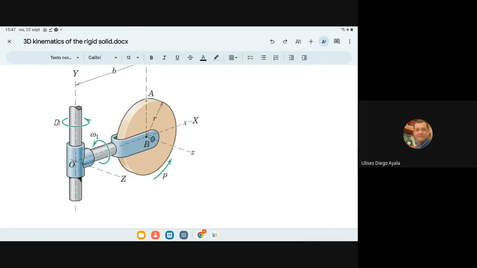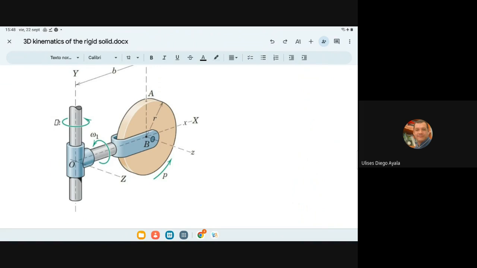So perhaps these two, this and this, yes, but this not. But the P is not rotating around the same point. So these two are the same as before. This not. And that makes it a different solution.